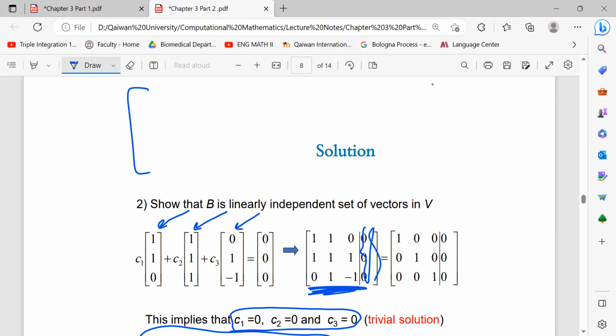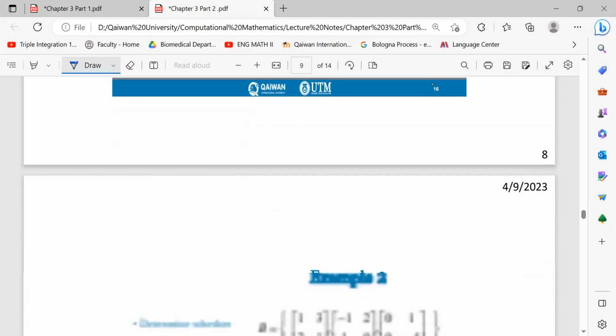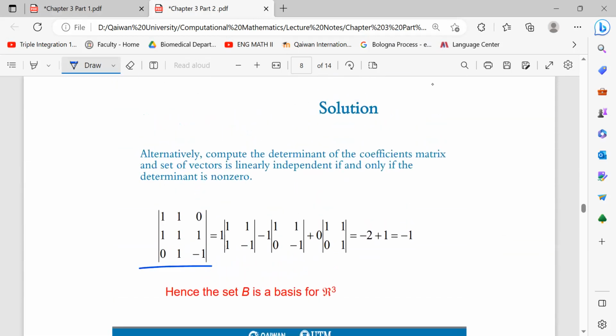If it's not 0, that means they are linearly independent. If the determinant of this matrix is not 0, that's it. That's how to find the determinant. It's -1, it doesn't equal 0. That means those three vectors are linearly independent.